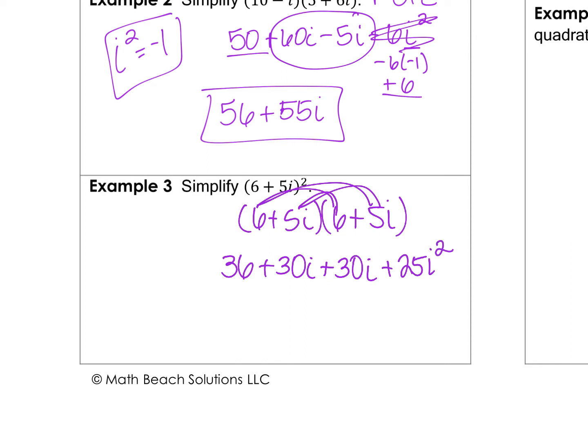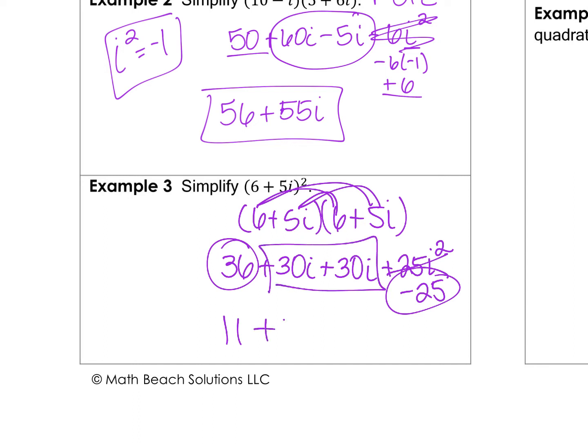Remember i squared is negative 1, so that will end up making that negative 25 there. So 36 minus 25 would give us 11, and then combining the i's in the middle would make 60i.